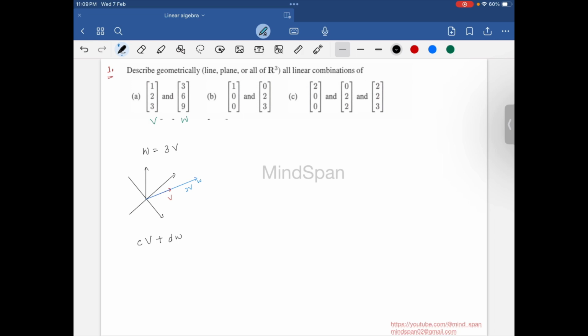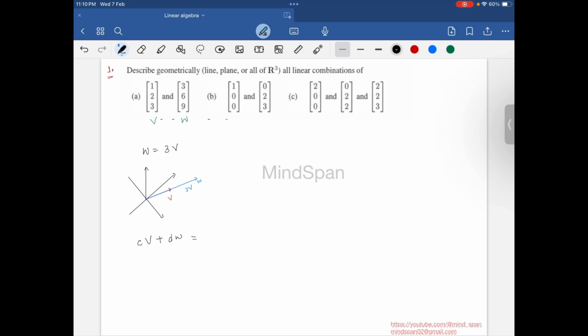This is how linear combination is defined. Linear combination is the combined operation of scalar multiplication and addition put together.